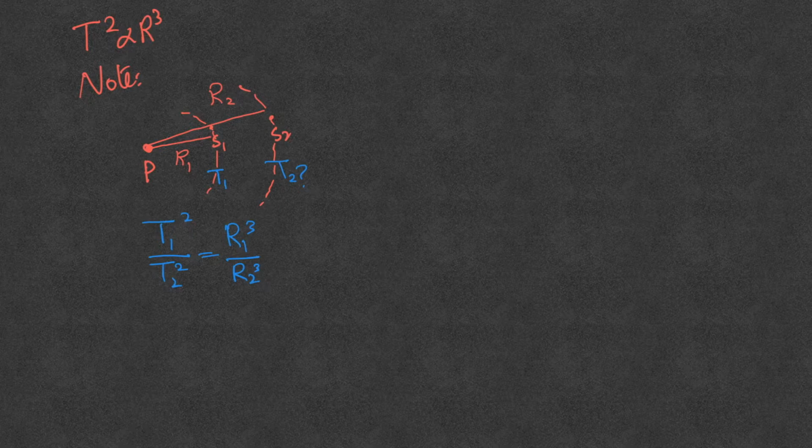Now, you'll have the value of T1, you will have the value of T2, and you will also have the value of R1. So you can find the value for R2. And if you look at this question, you're given T1, you're given R1, you're given R2. You can easily find what T2 is just by basic manipulation. So that's one category of questions.